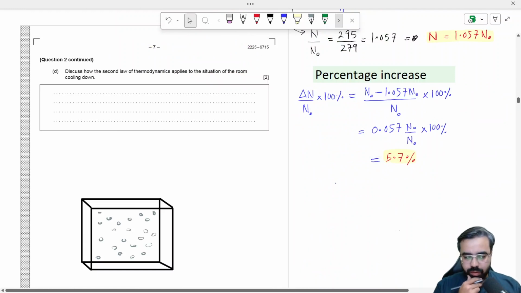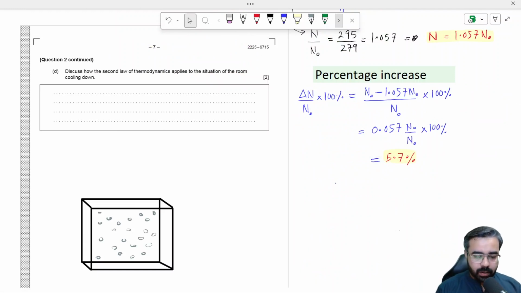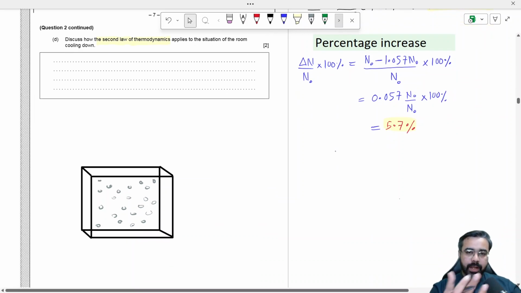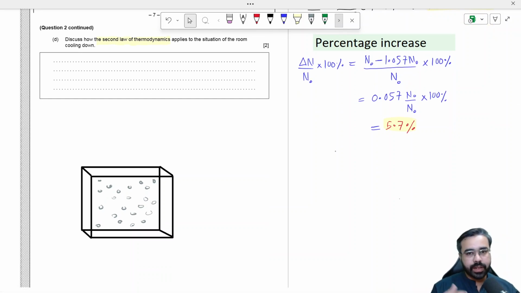So the last question is: describe how the second law of thermodynamics applies to the situation. Second law of thermodynamics, situation of the room cooling down, right? Now, dear students, here we have to explain the situation according to the entropy, the change in entropy.